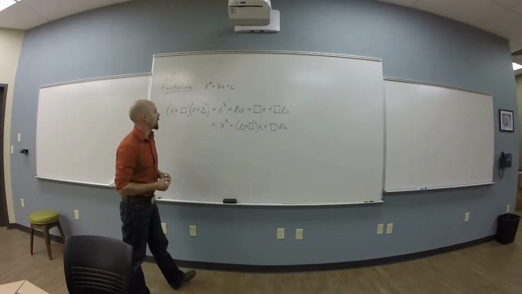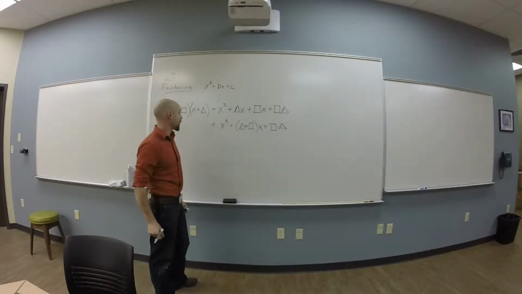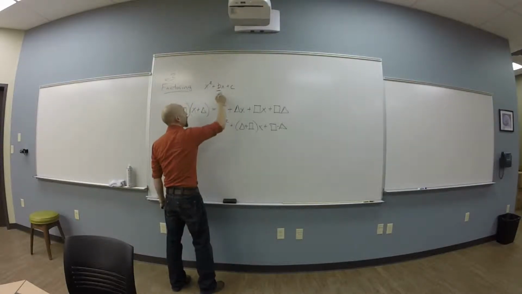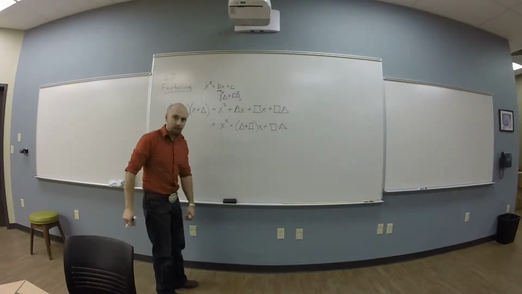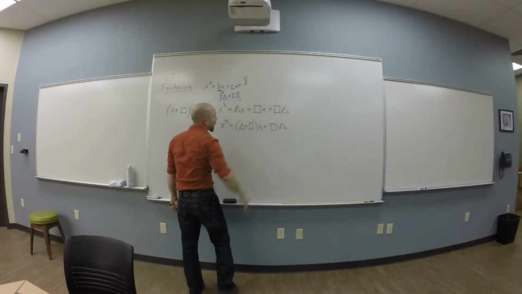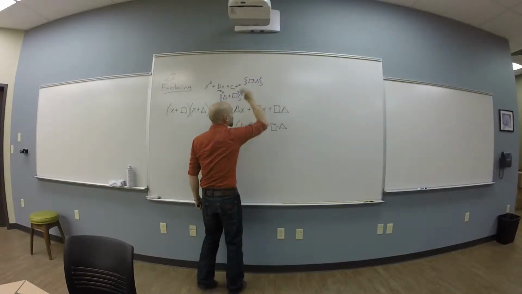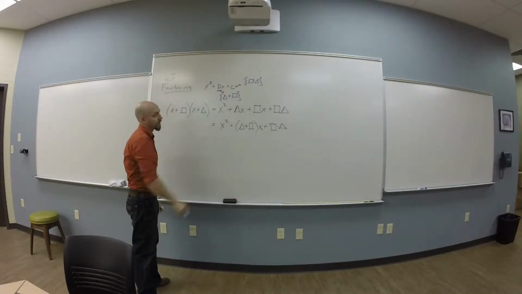And this is a big if, this is really the if of factoring: if I can look at my b term and think of it as something added to something else, that's my triangle plus my box, and if I can think of my c term as box times triangle, then I can factor this into these guys.